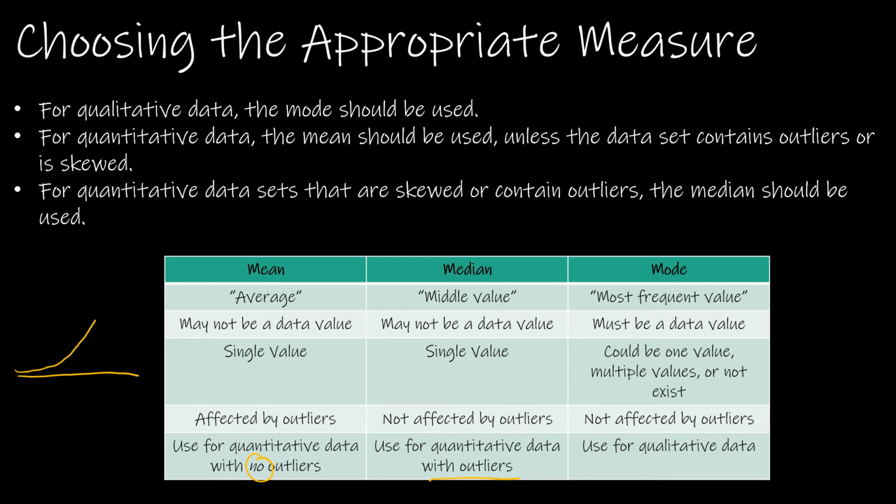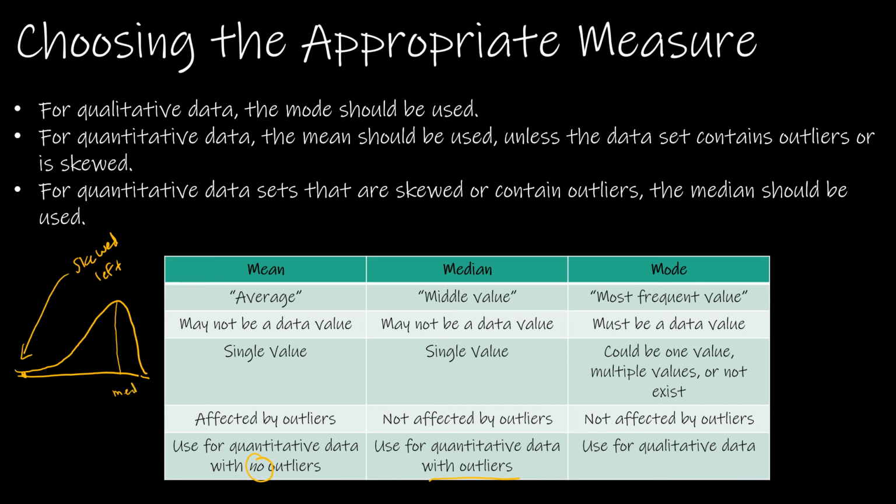Let's say I have a distribution that looks like this. We've talked about the shape of distribution. This is skewed to the left. It's skewed to the left because the tail is on the left. So this is skewed left. Now, if I were to find the mean and the median, the median would be here somewhere.